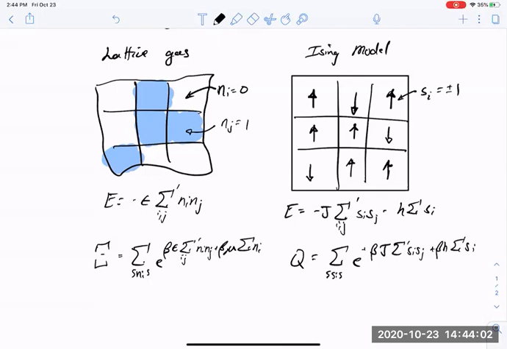We noted last class that in those appropriate ensembles, where I recognize that for the lattice gas the particle number can fluctuate, and in both the temperature is fixed, those two partition functions look awfully similar. And in fact, we proved that those models are equivalent to each other.